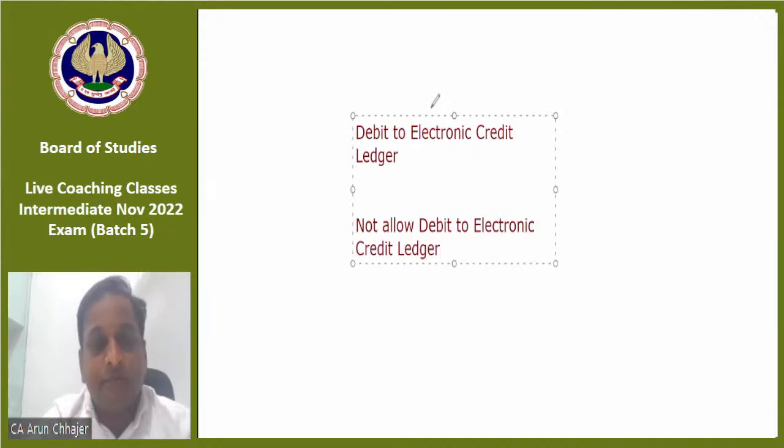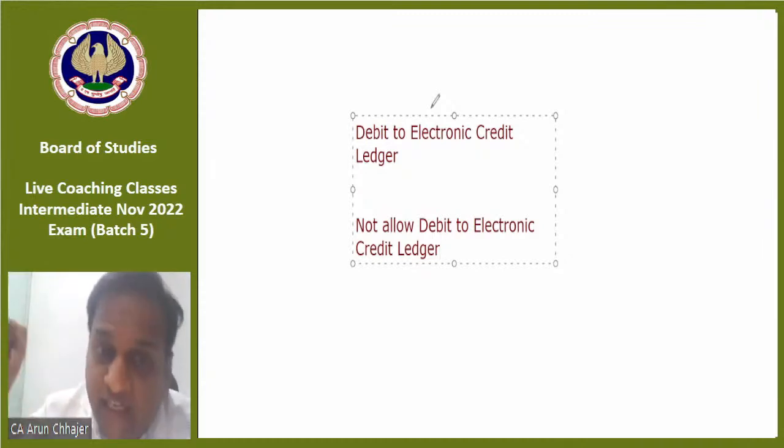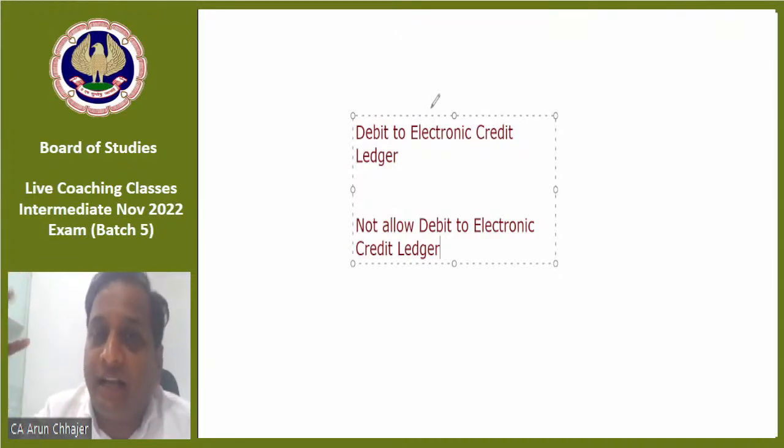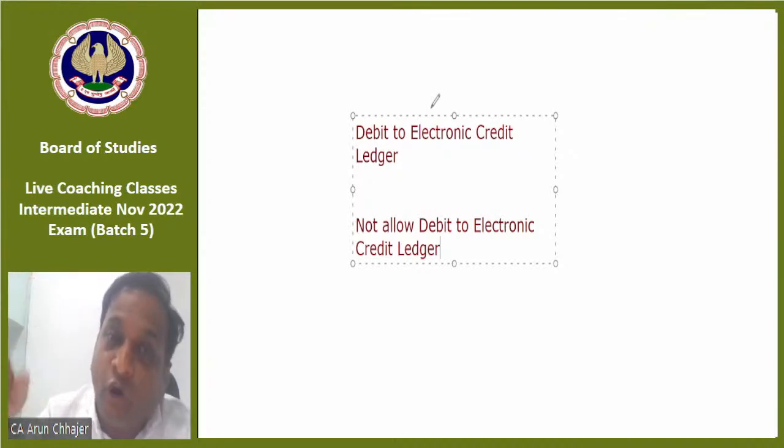In the exam, or in the understanding also, you were saying that they will debit the amount to the electronic credit ledger. Suppose it is appearing that 20 lakh ITC was fraud, can they debit the electronic credit ledger, or will they not allow the debit?